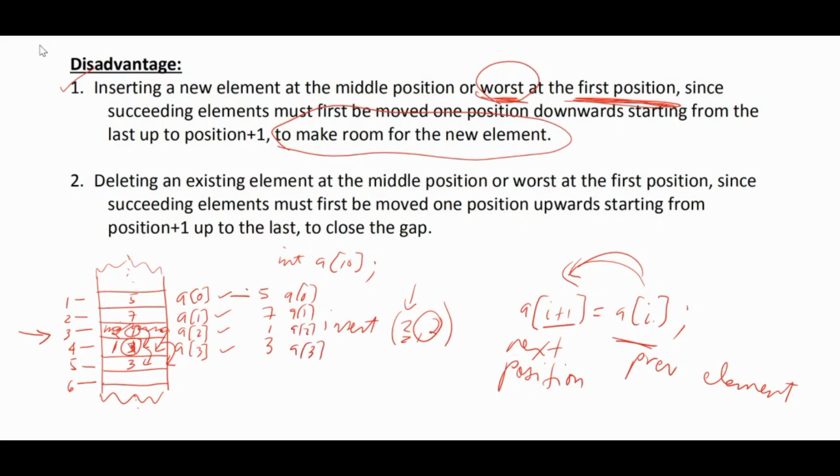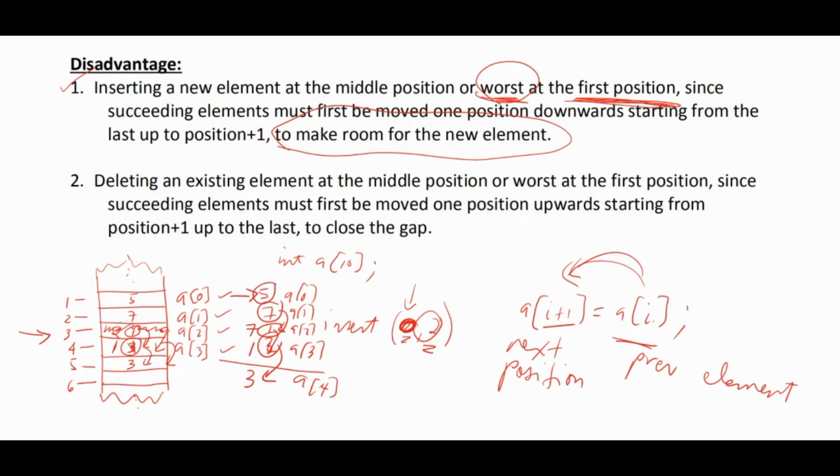If you're going to insert at that location the new value 2, you want to insert 2 at index 0, then what will happen is that at this position A4, you have to move this one there. That's one statement being executed. So moving 3 here. And then the next statement to be executed is you move 1 there. So this would now become 1. And then next you move 7 here. So this would now become 7.